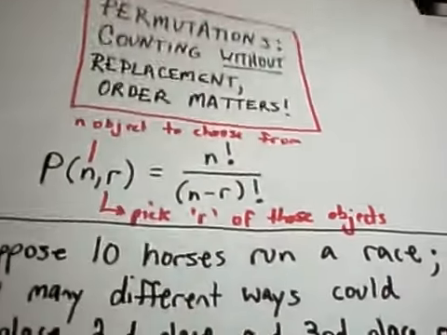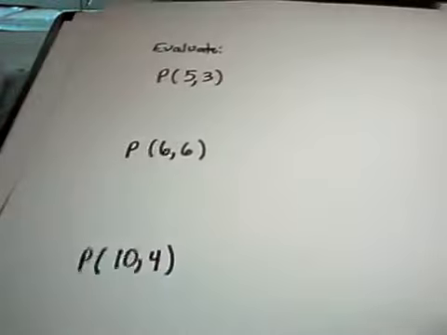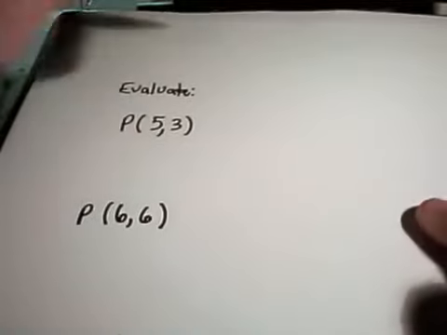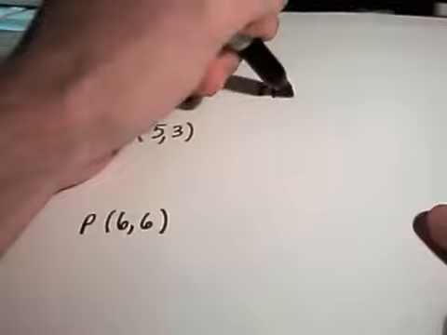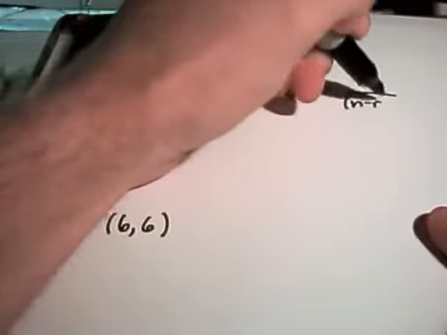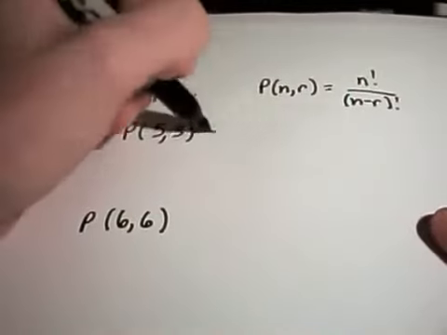Okay, so I've got a little example, but maybe before we do our examples, let's just mechanically do a couple of the formulas here. So again, the basic formula is n factorial over n minus r factorial.